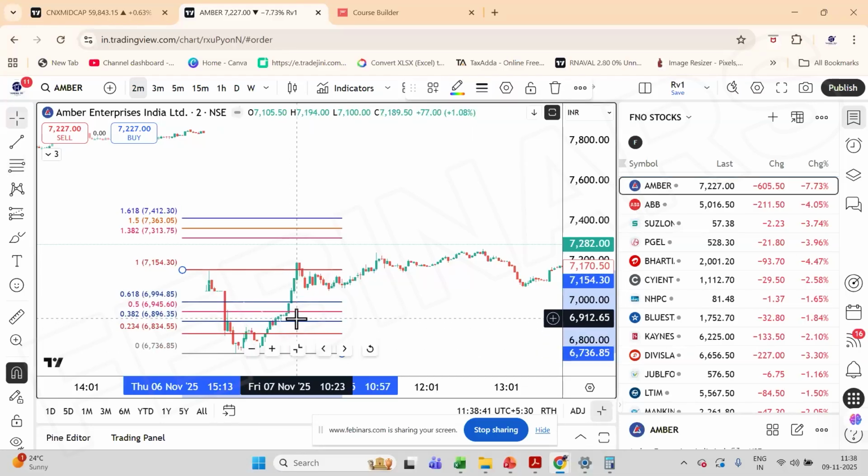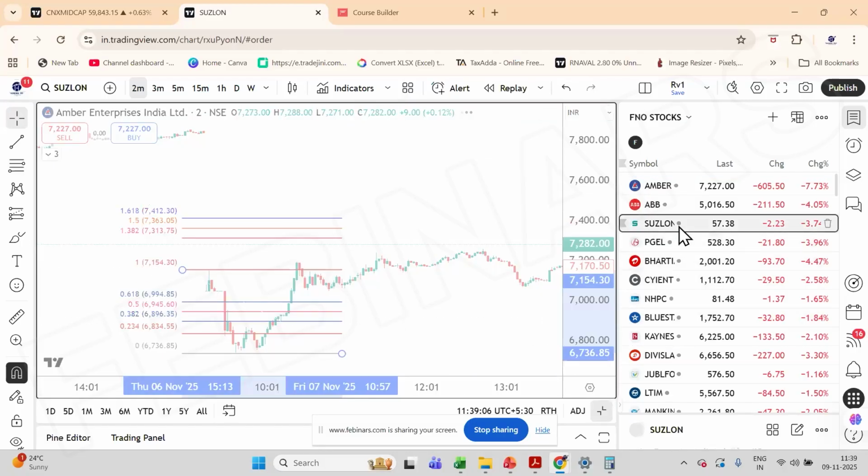There was a buying opportunity in Amber at 6887 and the stop was 6834, around 50 points stop loss. In fact, you would have adjusted your stops based on that, some 20 points also, and the rally happened towards the extension.